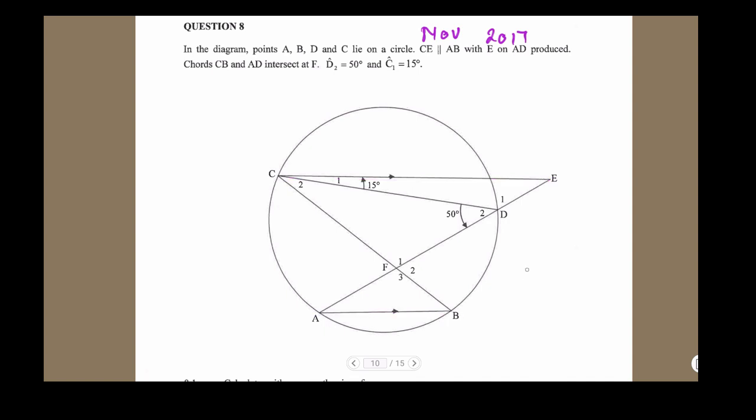We're shown that, with E on AD produced. So E is produced from AD. You can see that chord CB and chord AD intersect at F, which is here. D2 is given as 50, it's this one, and C1 is given as 15.